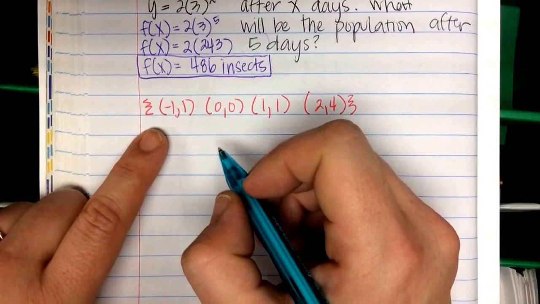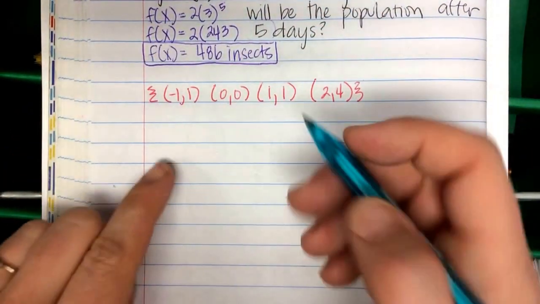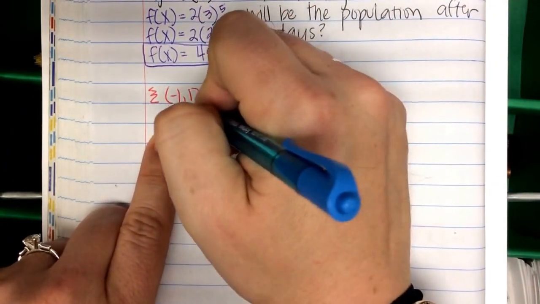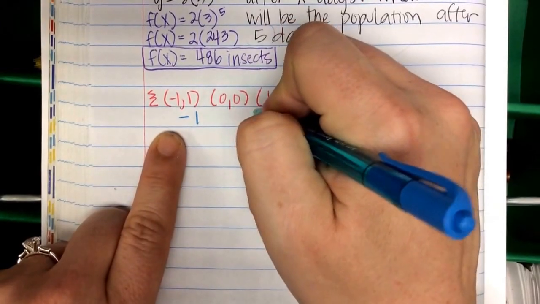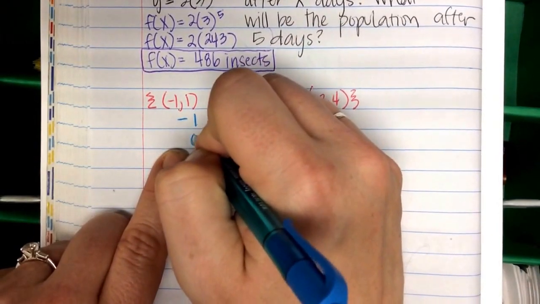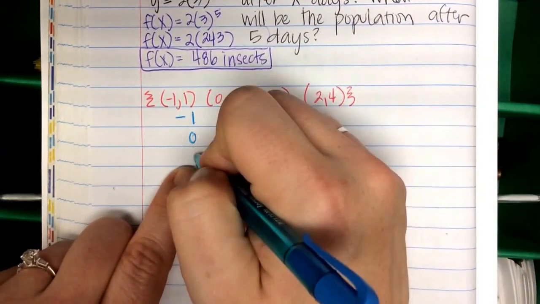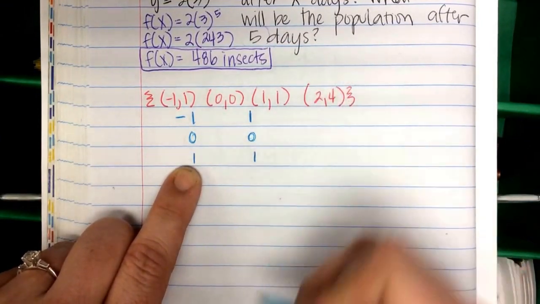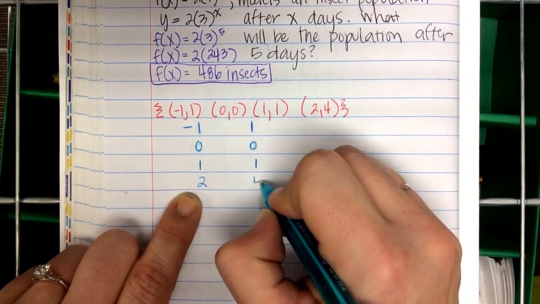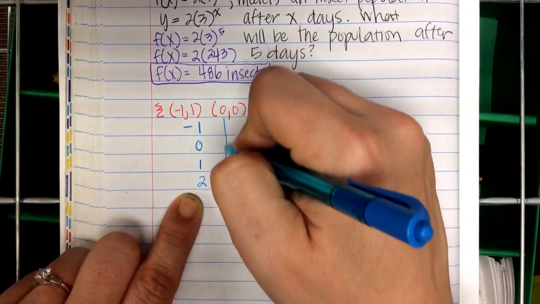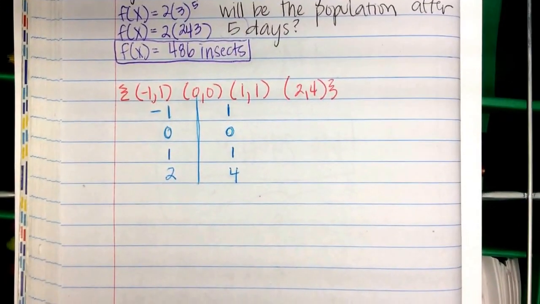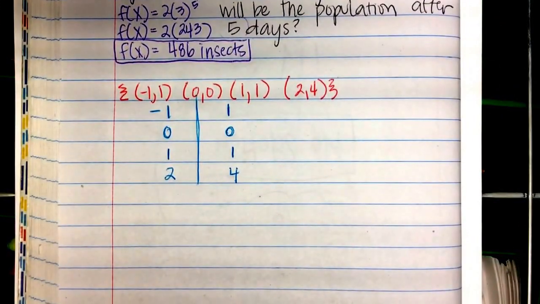I find it sometimes easier to look at these vertically. I like to put them as a table. It's easier for me to see.